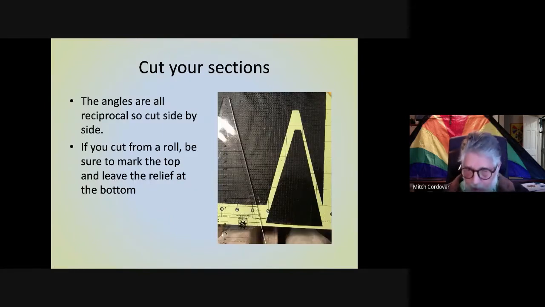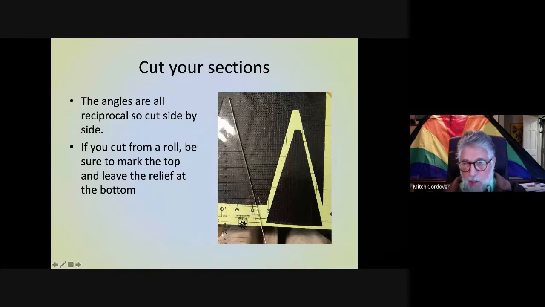So you've got a template, and you've got a way to cut templates. And so now you have to cut your sections. All these angles are reciprocal. So in order to save fabric, you can cut the first triangle this direction and cut the next triangle upside down. If you're going to do that on a piece of solid fabric, off of a roll of fabric, I have to remind you to leave this little section.